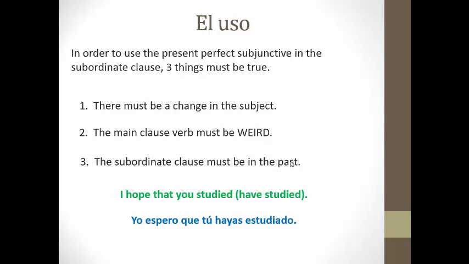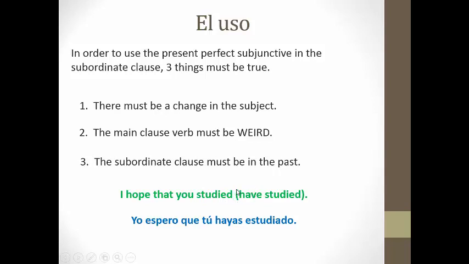Okay? So, let's compare that for a second with the present subjunctive. Present subjunctive, we would say in this green sentence, I hope that you study. Both parts of the sentence are in present tense. Therefore, we used present subjunctive. But here, my subordinate clause verb is in the past.